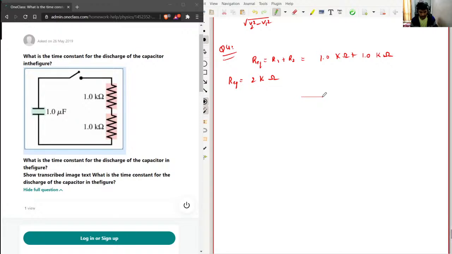Technically it doesn't have an EMF, but the capacitor will act as a battery also.